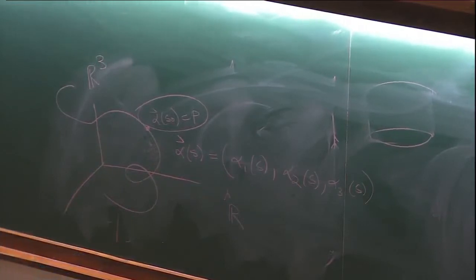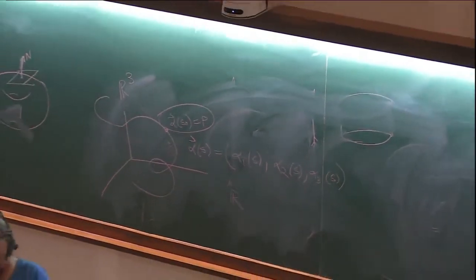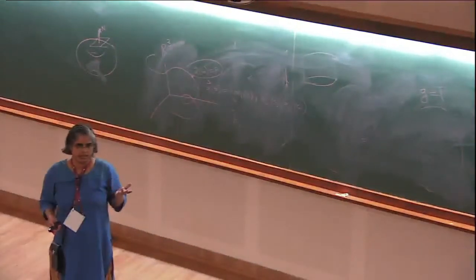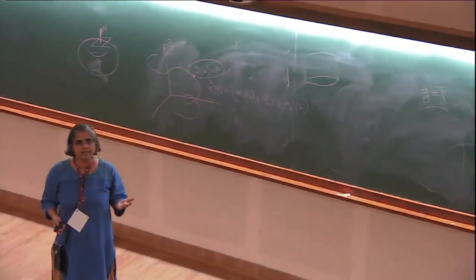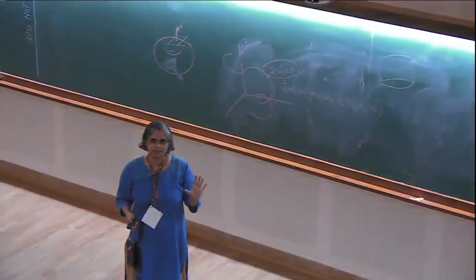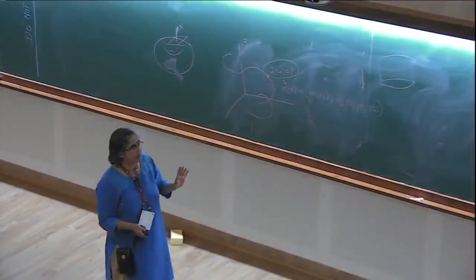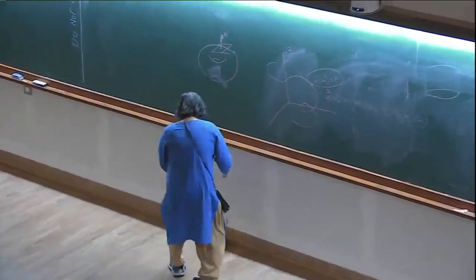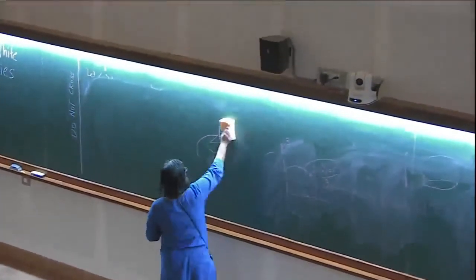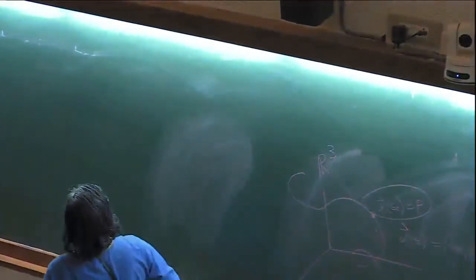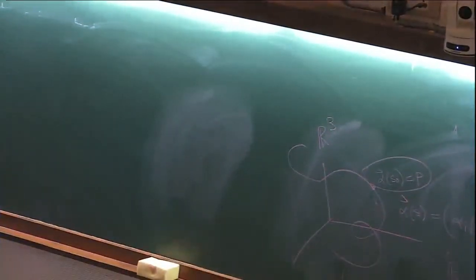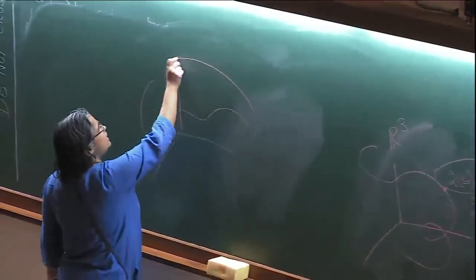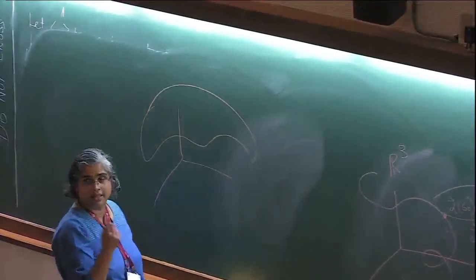Any questions about this? You can parameterize it by time, or by its length from a particular point. It depends. Your parameter could be anything sensible. But you can parameterize a curve like this. What about a surface? Can you imagine a surface in R3? How many parameters do I need? 2, right?